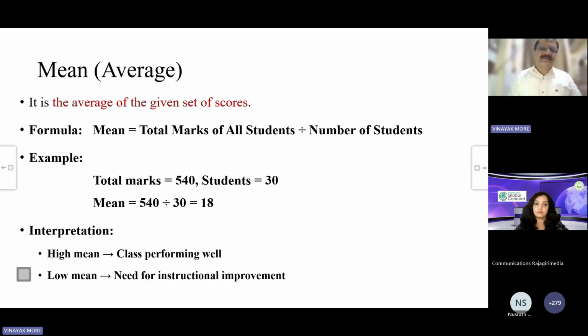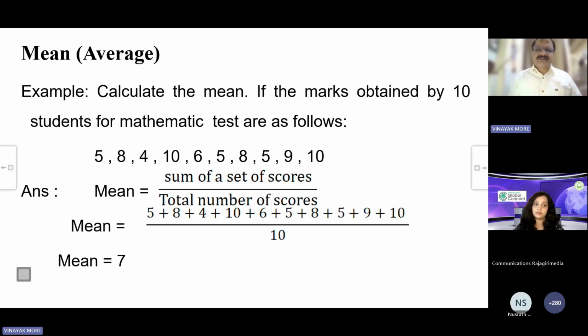If this exam is out of say 100 or maybe 50, and out of 50 the mean is coming to 18, the test was out of 50 and the mean of the entire class is 18, that means the performance of the class is low. So these numbers we can also interpret. So this is one example given. Suppose these are the marks obtained by 10 students.